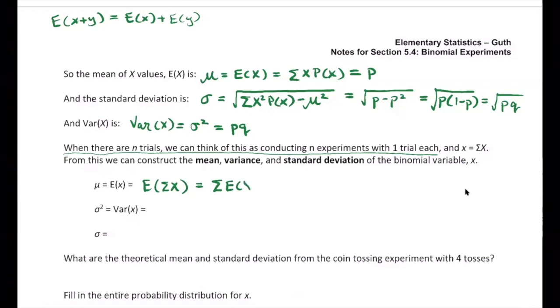So we're just going to add up the expected value for each coin if you drop a bunch of coins. So the expected value for each coin is P, and there are N trials. So if you're going to do the expected value of P for every trial, but you do it N times, you have to add that together N times, or just multiply by N. So the mean is going to be N times P.